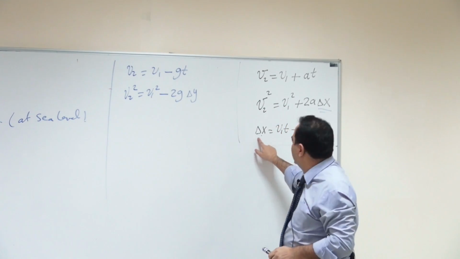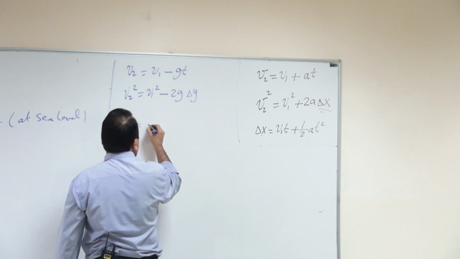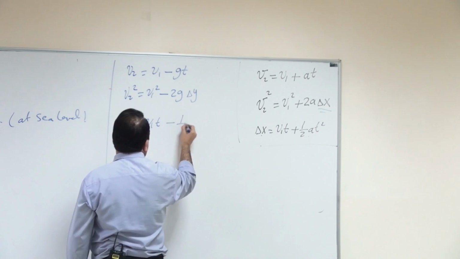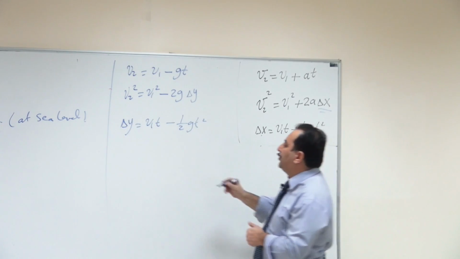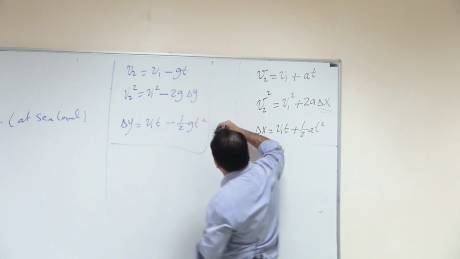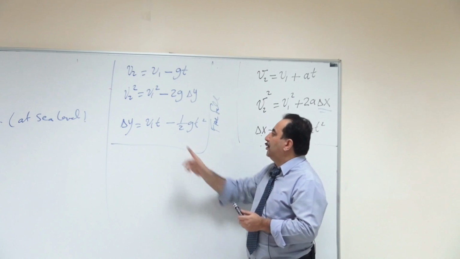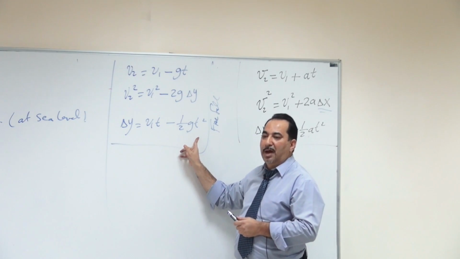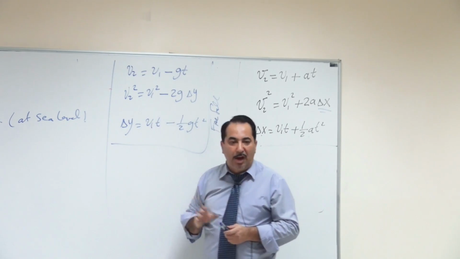Third one: delta y, the vertical displacement, equals V1t minus half gt squared. These are the equations for free fall. I just changed a to minus g, and delta x became delta y.